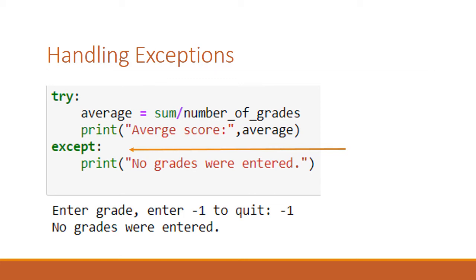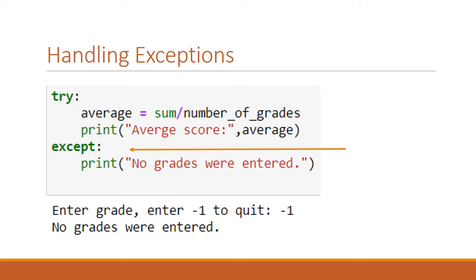And if any of those are thrown, the print statement within the except will be executed. The advantage of this is it'll catch any exceptions. The disadvantage of that is we're not able to give specific error messages to the user to let them know exactly what happened.